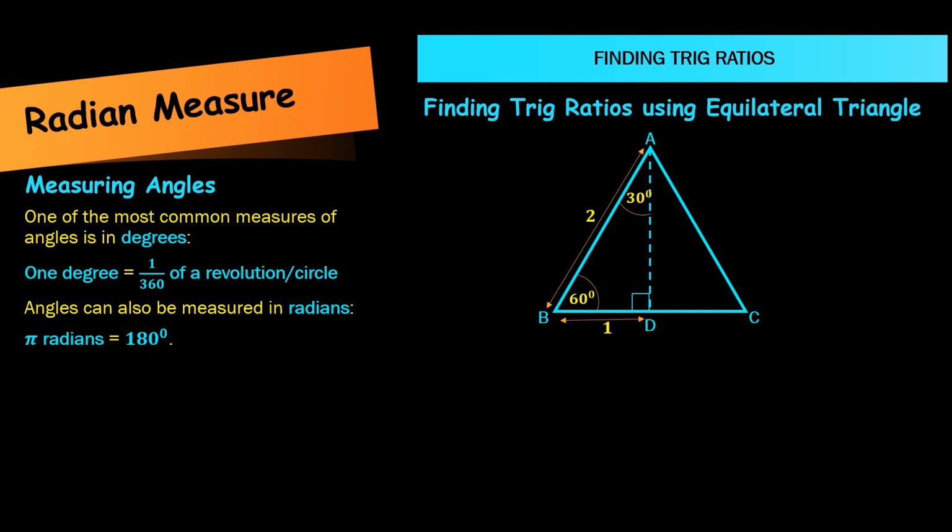If we drop a perpendicular from A to D as shown, the length BD is 1 centimeter or 1 unit, and the angle BAD is 30 degrees. We can now use this triangle to find various trig ratios. Notice also that the length AD is equal to √3 by Pythagoras.